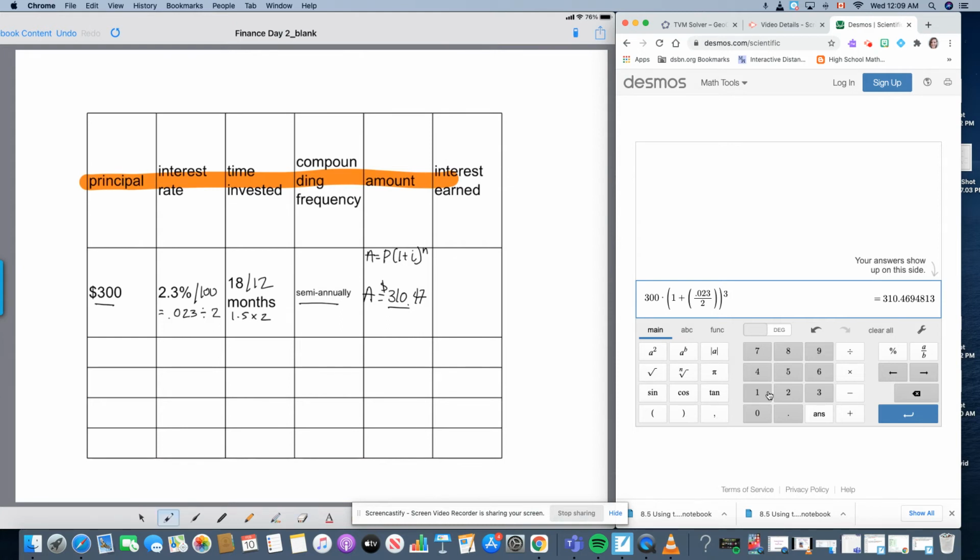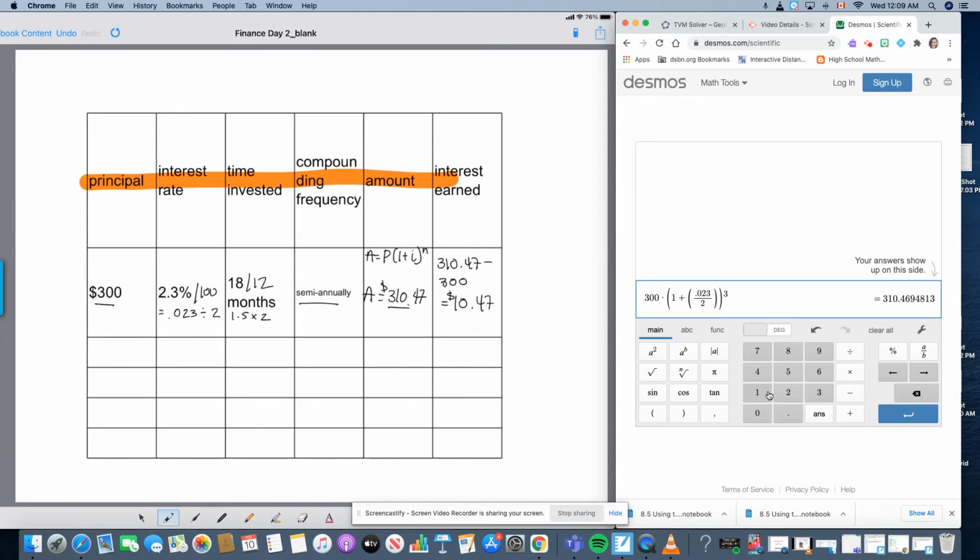So interest is going to be 310.47 minus $300 equals $10.47. Okay, so that's really nice.